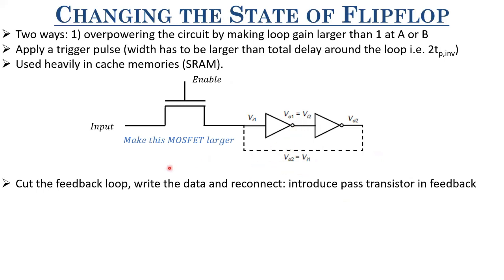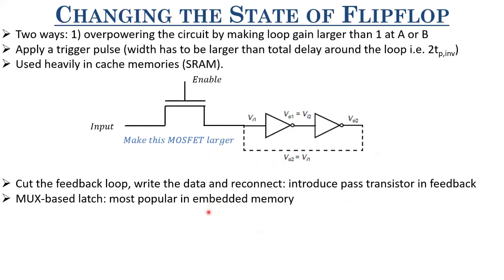So this is most commonly used in the multiplexer-based latch, and that is most common in your embedded memory. What exactly is embedded memory? The memory which is closest to the processor is called embedded memory. Somewhat far is cache, and then farther from that is your main memory. So registers that are present in your processor are these mux-based latches.